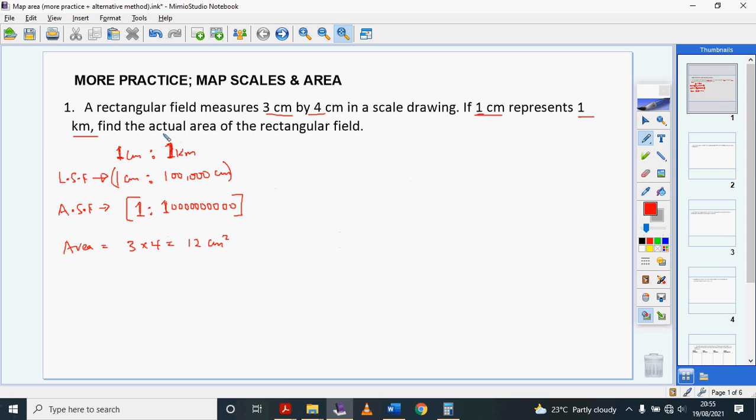Because they want me to find the actual area of the rectangular field on the ground, I would ask myself, if 1 centimeter squared represents 1 and 10 zeros centimeters squared on the ground, then how many centimeters squared does 12 represent? Or if 1 is 1 and 10 zeros, I don't know how you read that. Let's see. 1, 2, 3. 10 billion. Then 12 would just be 12 times 10 billion. So that would be 12 times 1 and 10 zeros.